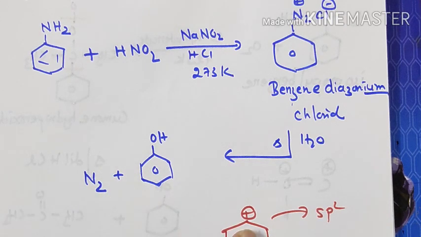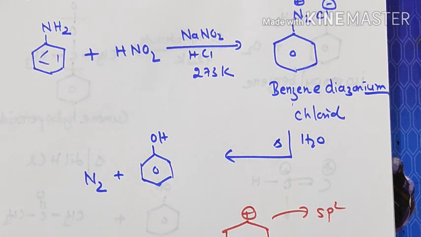This acquires positive charge. As soon as it becomes plus, this water attacks. See, understand how the mechanism will happen. See, this is positive, student. If it is positive, obviously this oxygen of water is going to attack, and as soon as water attacks, this acquires positive charge.